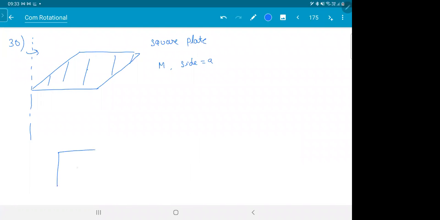Meaning it looks like this, about this corner. Hope you got the diagram. Square plate about the corner. Find moment of inertia.